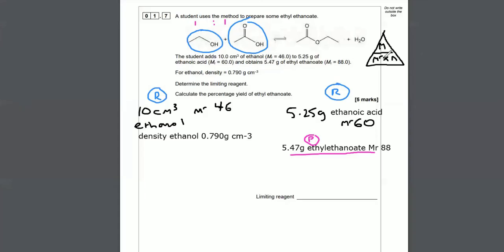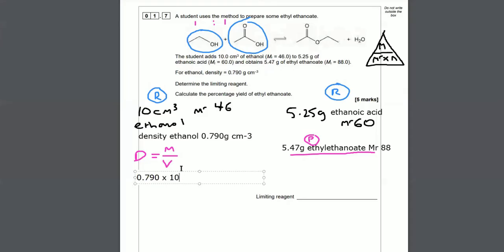I can't quite use this. I don't have the data to use n equals c times v because I don't have the concentration of that ethanol, but I do have the density. So if we know the density equation, D equals M over V, you need this in a lot of chemistry. I need the mass, because then I can use it with the MR of the ethanol. So I'm going to do density, which is 0.790, and multiply that by 10, which is the volume.